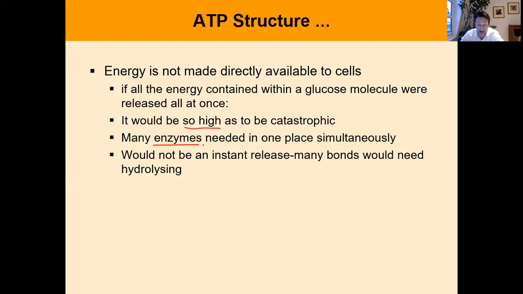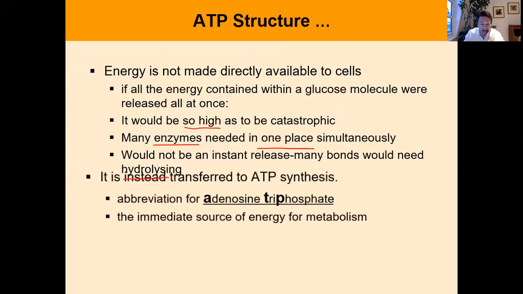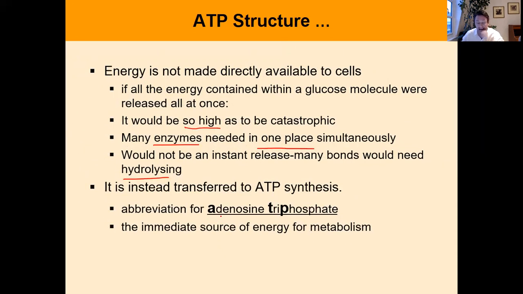You'd need lots of enzymes in one single place to release the energy in that glucose molecule, and you'd need to hydrolyze lots of bonds. So instead, we've got something called adenosine, not adenine, adenosine triphosphate. Now, this is the intermediary for energy. Now, this is a concept that students do struggle with.